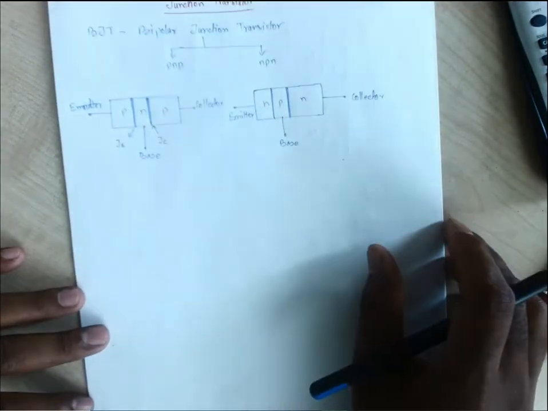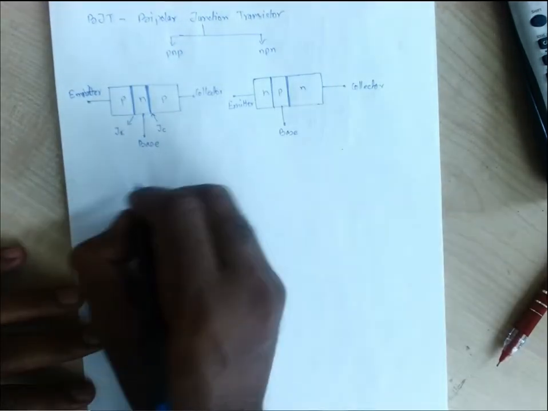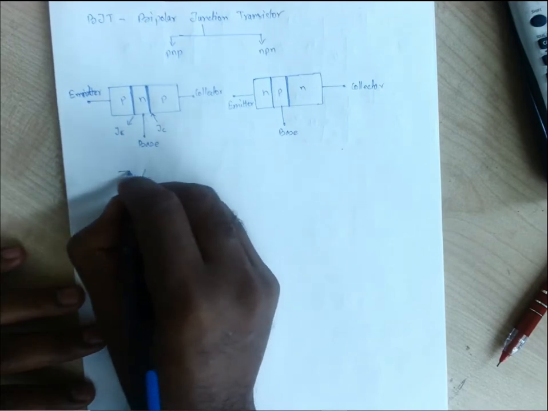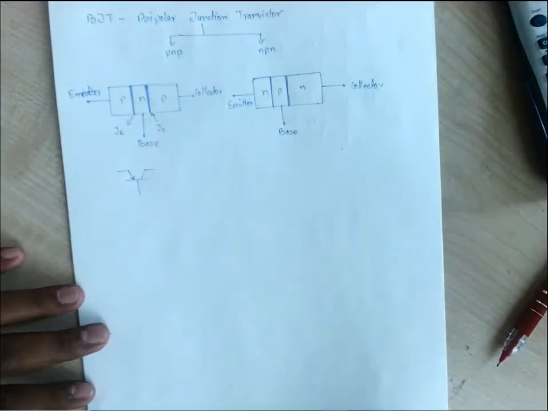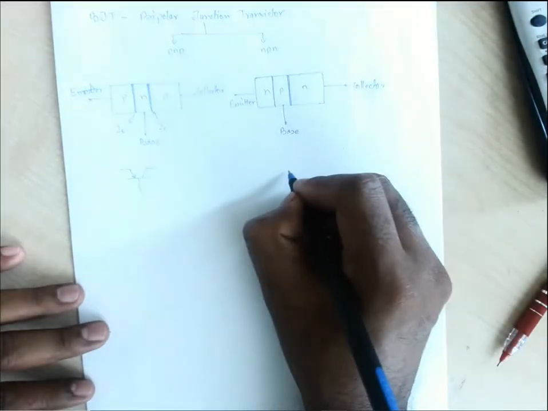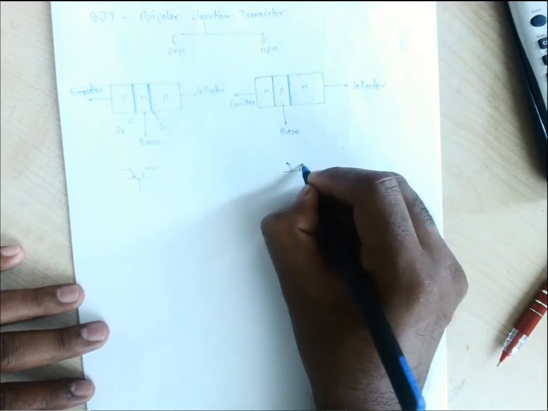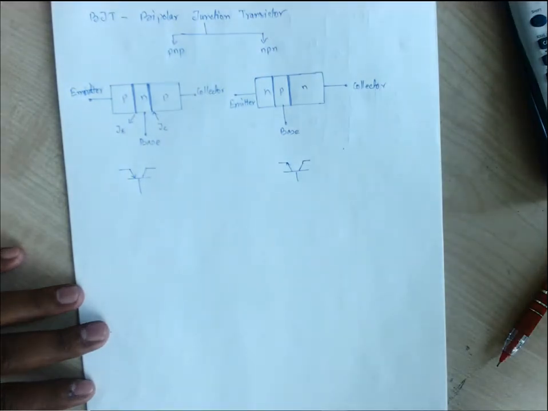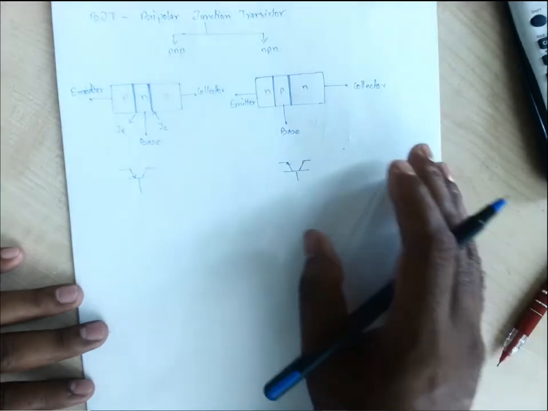So the circuit symbol for the PNP transistor is like this. The arrowhead is inside. For the NPN transistor, the arrowhead will be outside. This is for the PNP transistor, this is for the NPN transistor.